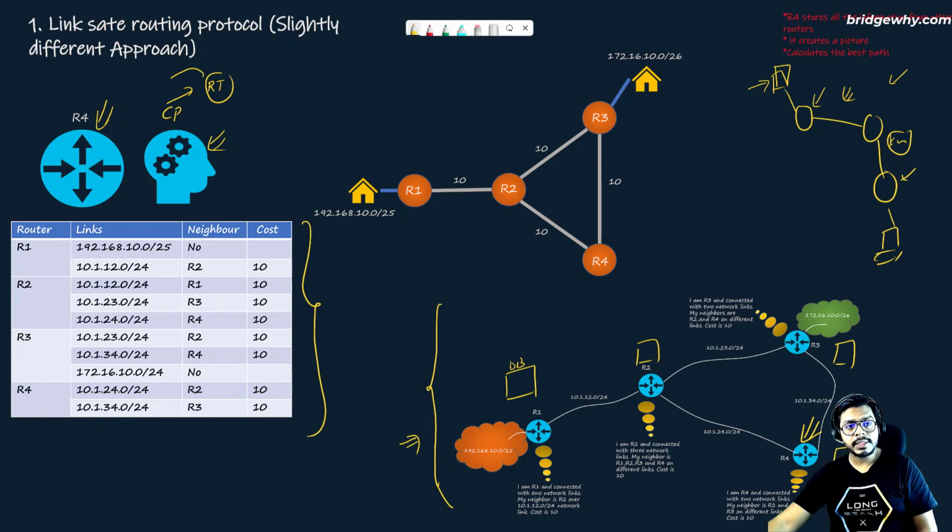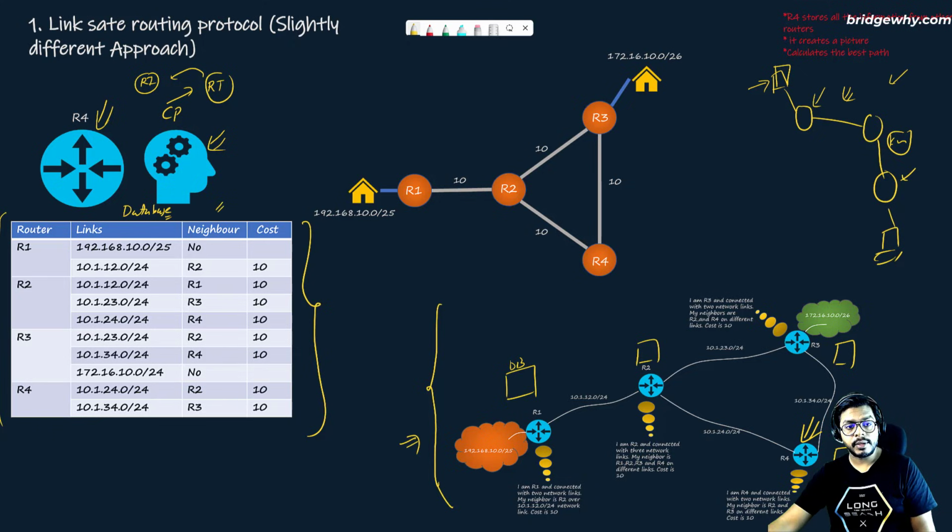But on what basis was this routing table built in the first place? It was built on the basis of routing information which we get from other routers. And guys, don't you think this is the routing information which we got from other routers? Absolutely. And basically this we call a database. So the routing table in a link state routing protocol is going to be formed from this database. But how?